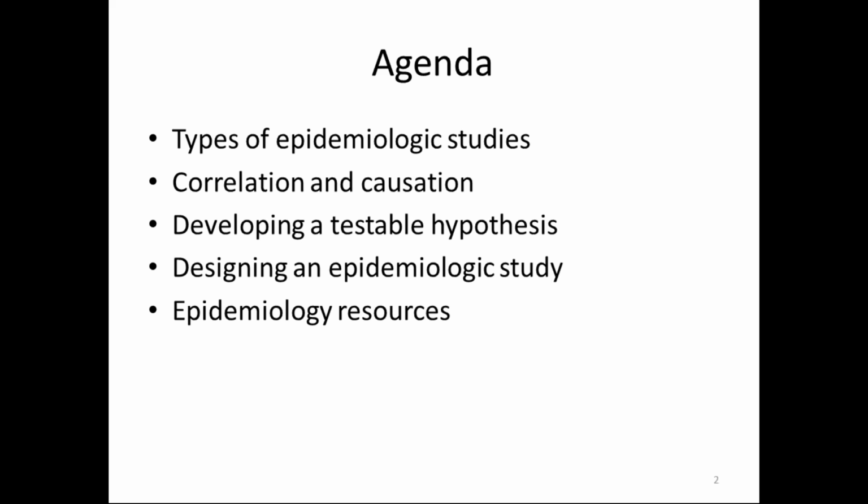Then we'll talk about the process of how you would start designing a study, and finally some resources if you need them. As an epidemiologist, I will be presenting from the epidemiology point of view. But all types of observational research have somewhat similar designs, and sometimes the words are a little bit different, but generally we're talking about the same things.